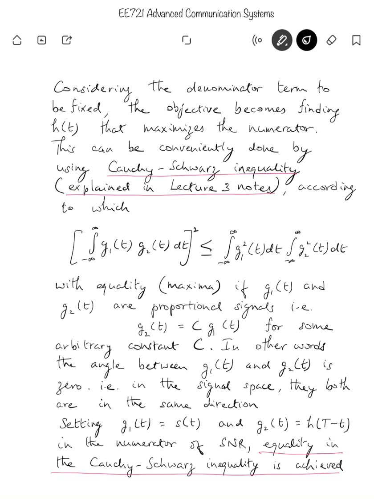In this case, the equality is achieved between the left hand side and the right hand side of this inequality. So that equality is the maximum value that this left hand side can have, right? The equality is achieved when the signals are in the same direction, that is, they are proportional to each other.